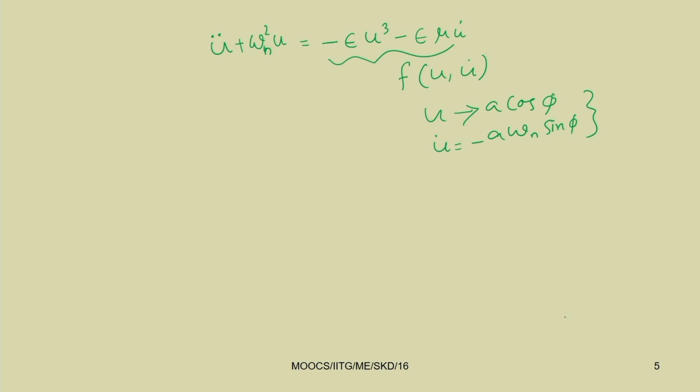We can do this integration symbolically using software like Maple, Mathematica, or MATLAB, or manually also, as this involves only cubic order cos cube phi.